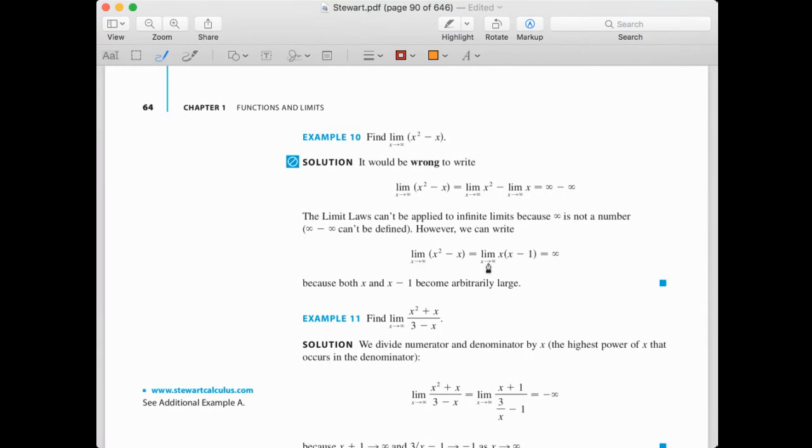The limit as x approaches infinity, we factor out x times (x minus 1). Then we can split. The limit of x when x goes to infinity is infinity, and infinity minus 1 is also infinity. Infinity times infinity is infinity, because it can only be bigger. But for minus, we have no idea.